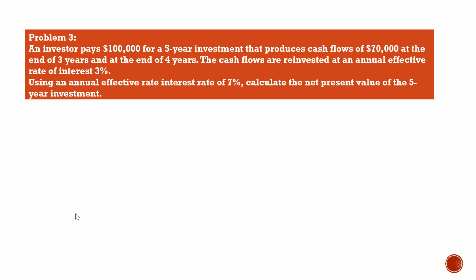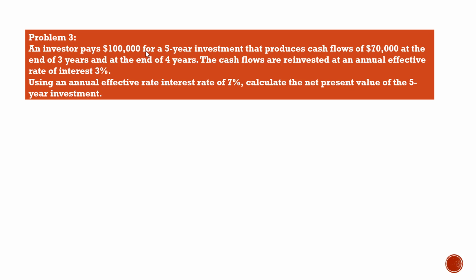So this problem is a little bit tricky because the cash inflows will be reinvested at a different interest rate. Here at time 0, the investor paid $100,000. That means the liability is $100,000 at time 0.